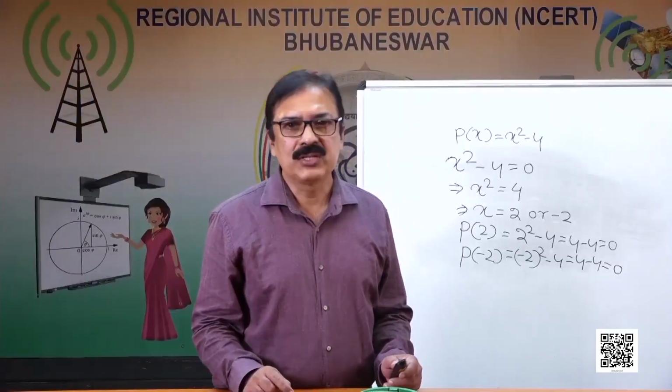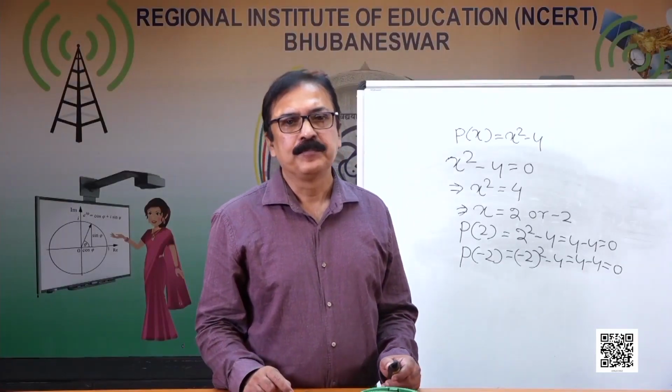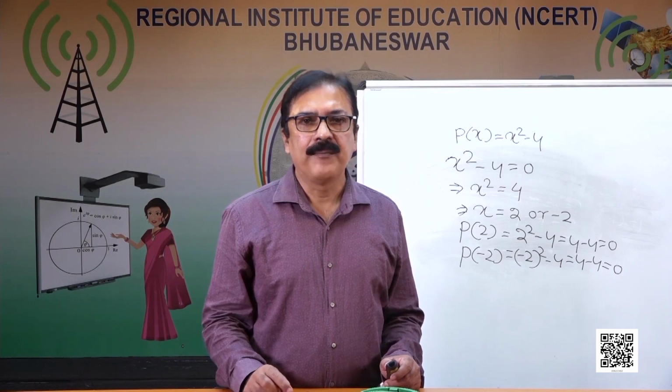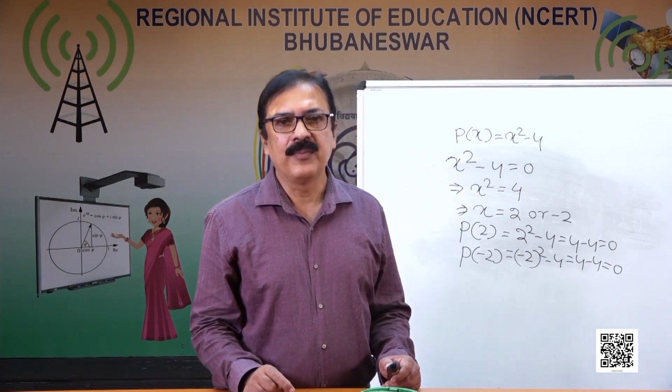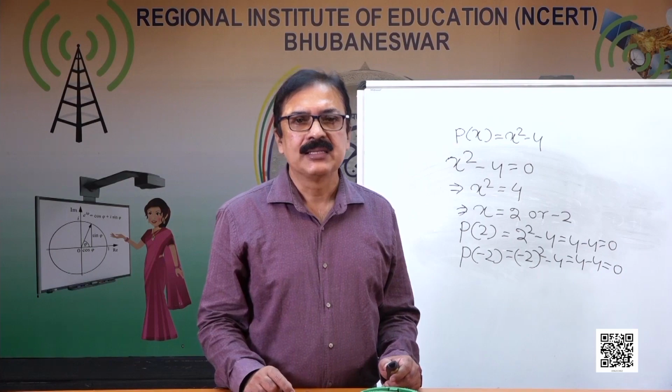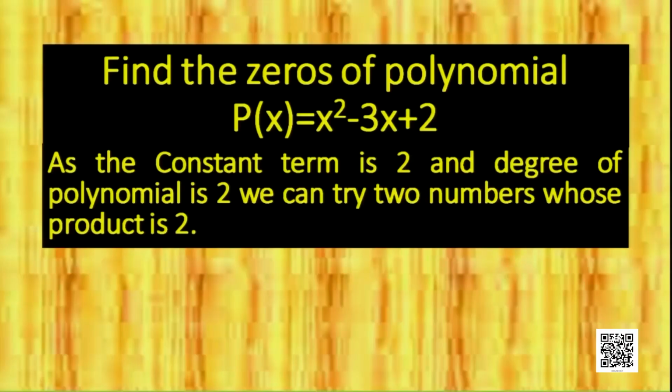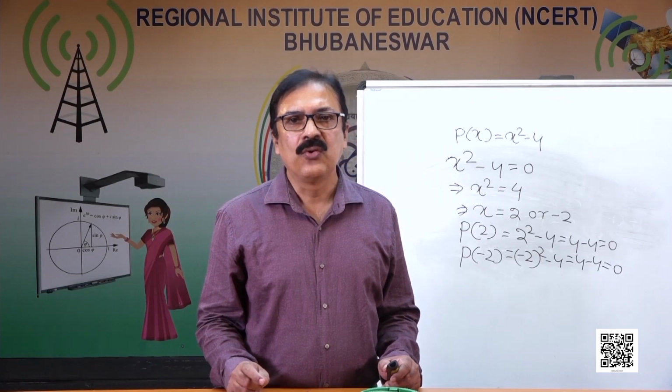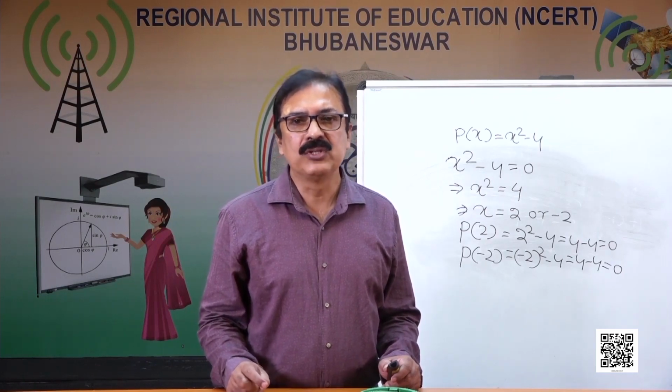Is it always true? Let's see another quadratic polynomial. In this case, the constant term is 2 and degree of polynomial is 2. As earlier we know, if the degree of polynomial is 2, we can have two zeros. So we expect here two zeros.